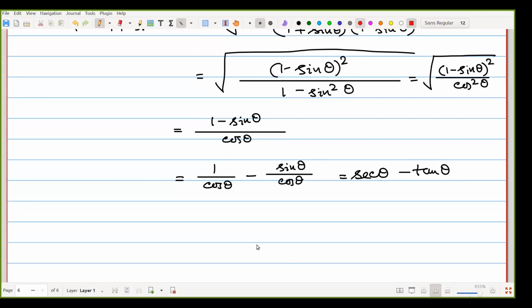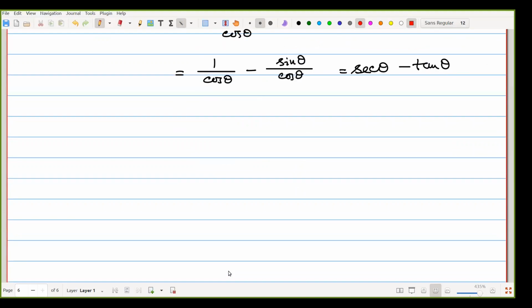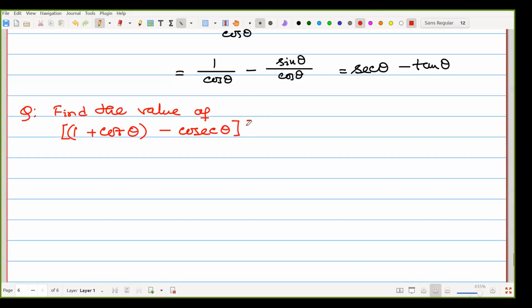Next problem. Find the value of 1 plus cot theta minus cosec theta into 1 plus tan theta plus sec theta.